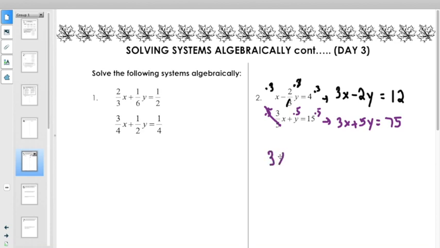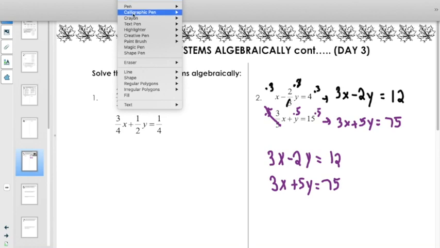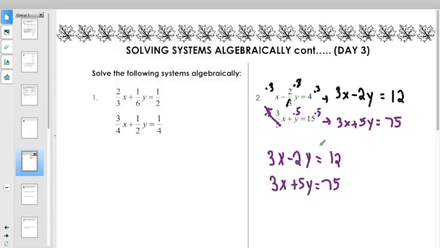I have 3x minus 2y equals 12, and I have 3x plus 5y equals 75. So I'm just looking, and what I'm going to do is multiply the top piece by -1. And if you see why, I'm just looking ahead.